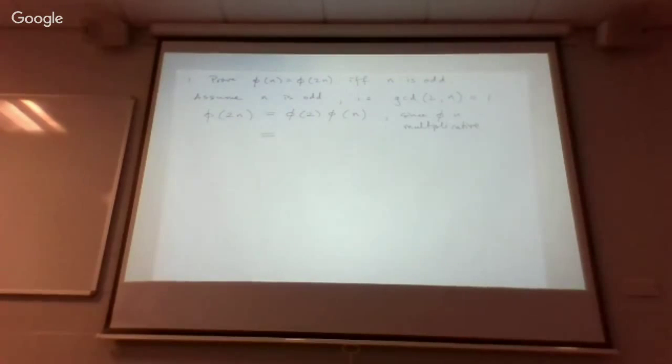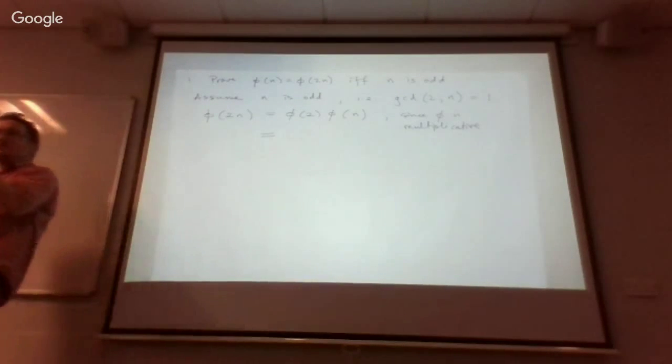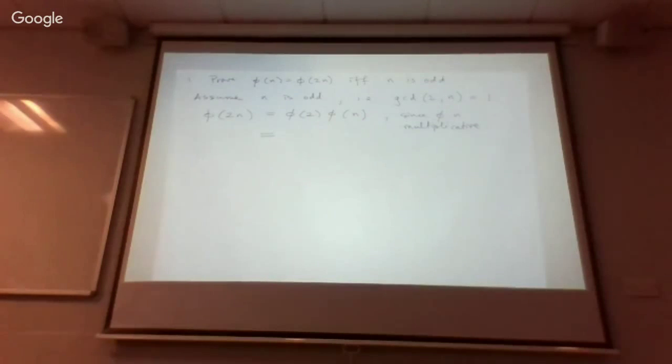What is phi of 2? 1. 1 is the correct answer. How many numbers between 1 and 2 are co-prime to 2? Well, there are only 2 numbers to choose from, 1 and 2. 2 is not co-prime to itself, so the greatest common divisor of 2 with itself is 2. So the only number left is 1.